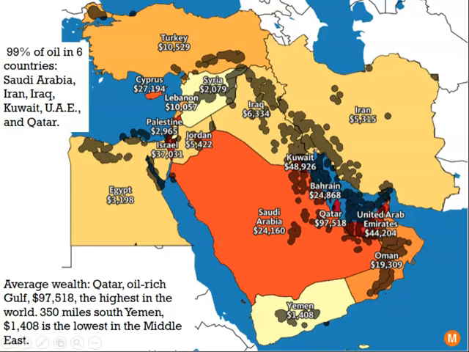This number is the average annual income per person. So notice how high it is here. Take, for example, Qatar. It's almost $100,000 a person there. And then notice Yemen down here, $1,400 a person. These two areas are only 350 miles apart, but they're worlds apart economically.